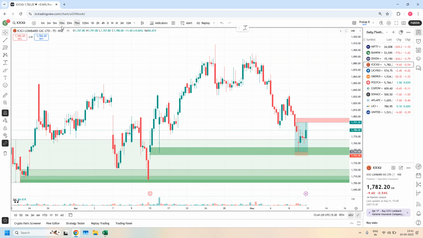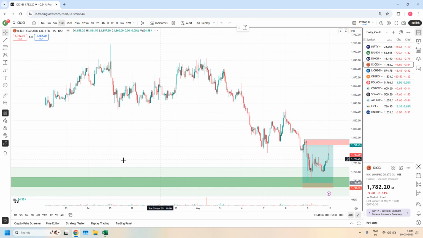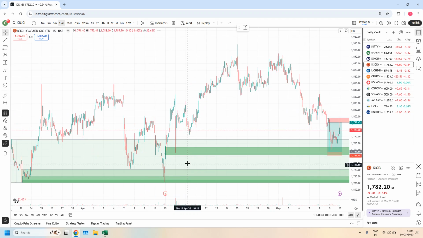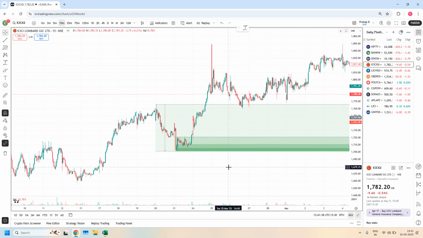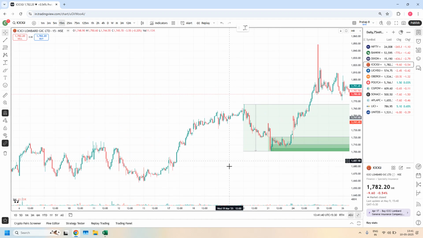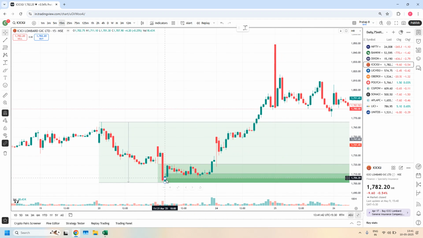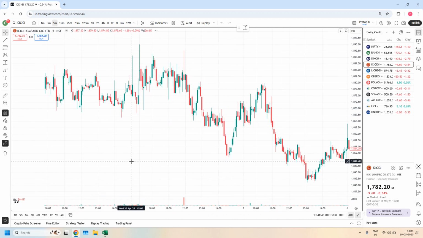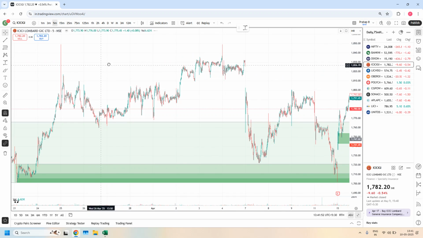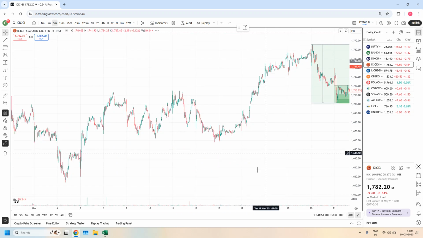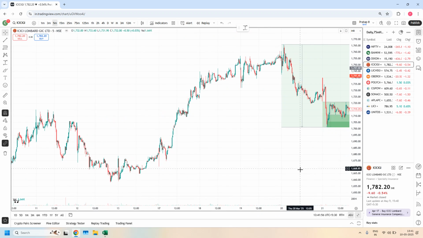This is again having a 15-minute zone. Here we have drawn a 15-minute zone, drop, base, rally. This is again having a fine-tuned 5-minute zone, and that fine-tuned 5-minute zone already gave a trade earlier. Prices reached till the digital line. That's why we are not planning any trade in this zone.